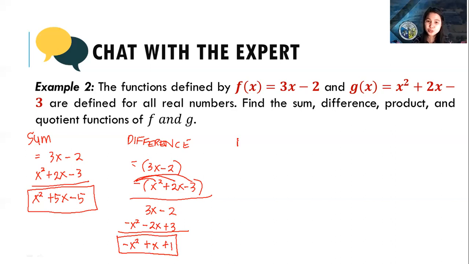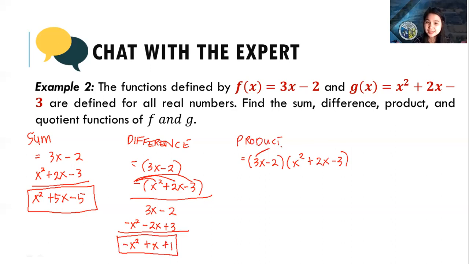Let's go to the product. We have 3x minus 2 times x squared plus 2x minus 3. You simply multiply this binomial by the other trinomial.